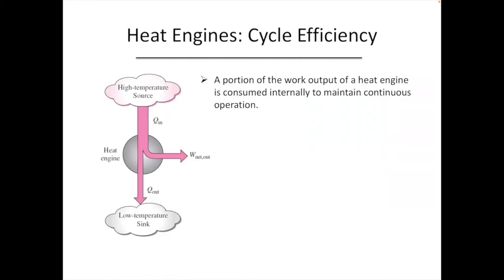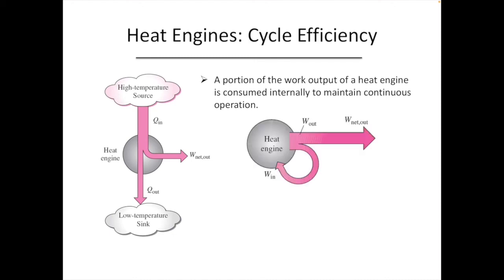If we focus on the cycle efficiency, we can think about what our desired output is. Our desired output is to get as much useful work out as we possibly can. So the net work output is really what we're interested in. That is equal to the work output minus the work that has to go back into the system to keep it running.